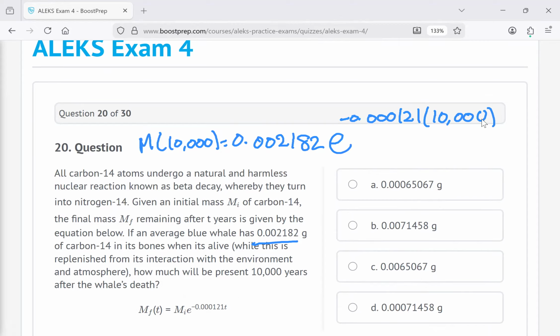So when we put that in the calculator, I'm going to get 0.0065066.